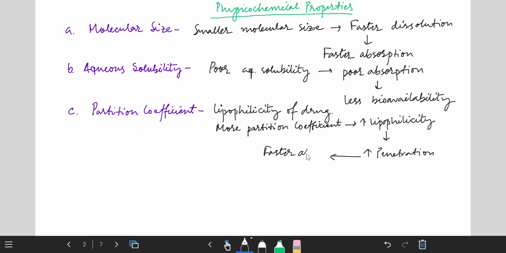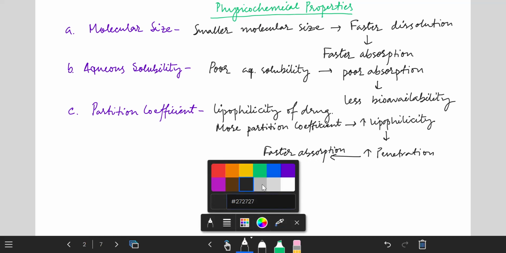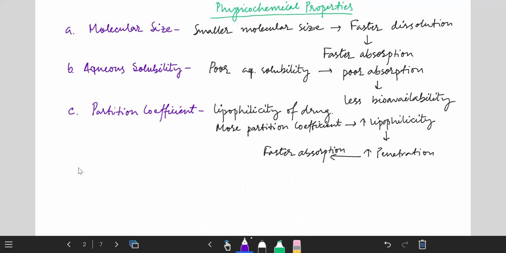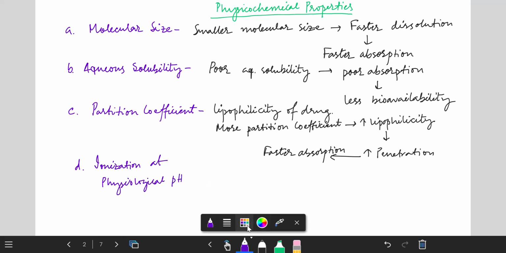Now the last one is ionization at physiological pH, or how a drug molecule remains in the ionized or unionized form at physiological pH and how it varies with absorption.